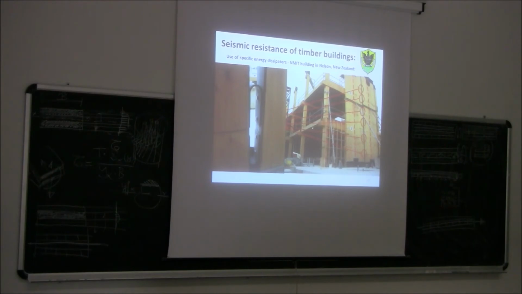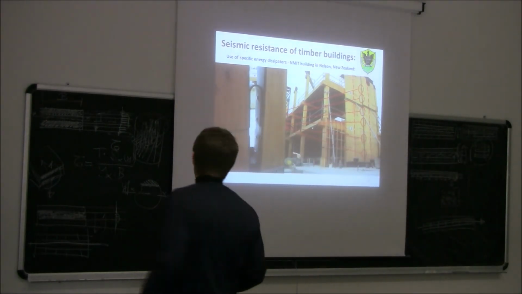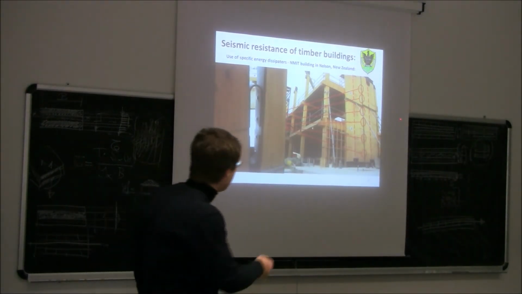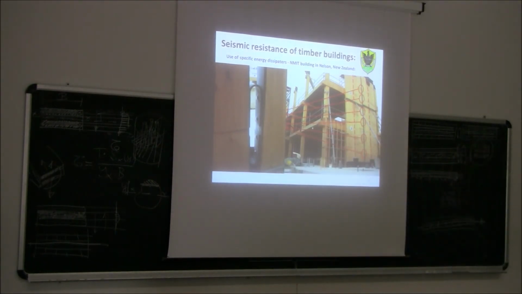Those metal devices, when the walls rock, so when they move with respect to each other, those devices are going to deform. And they plasticize. By plasticization, you can still get energy dissipation. So by placing more of those devices, you can make sure that during an earthquake, the structure as a whole will dissipate energy.